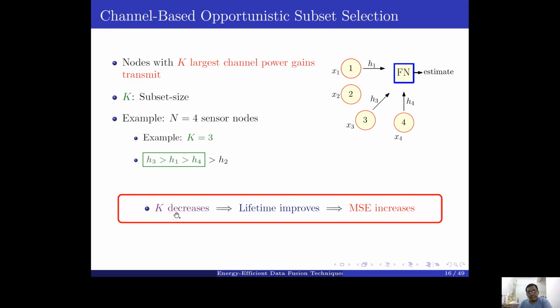Now, if you decrease the subset size k, the nodes will be selected less often for transmission, so they can conserve energy, so their lifetime will improve. However, as the fusion node will be receiving measurements from fewer nodes, the mean squared error will increase. Thus, here also you gain lifetime, but you do so at the cost of performance.